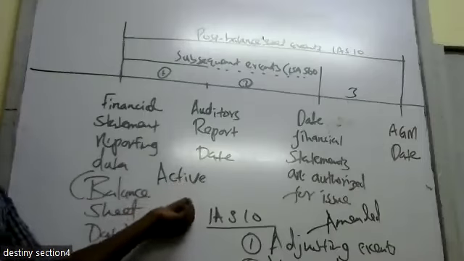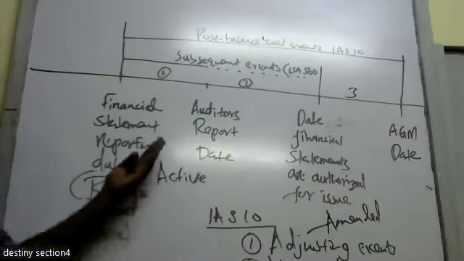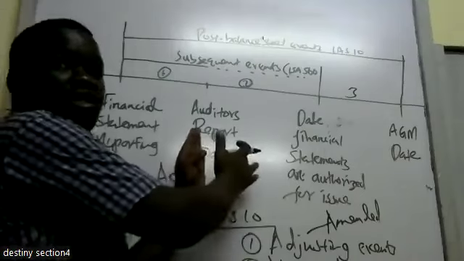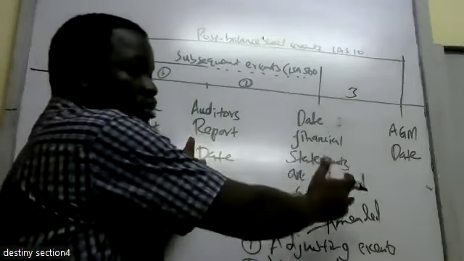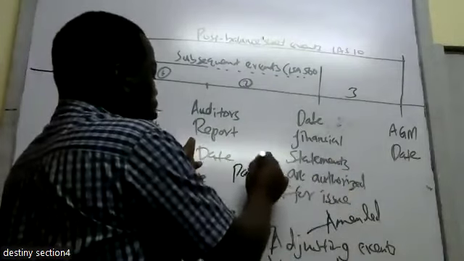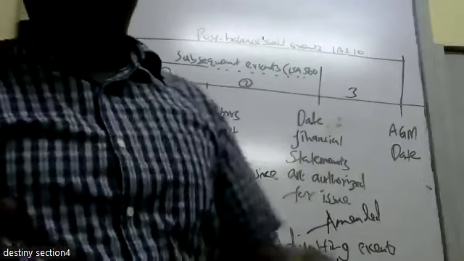Between the auditor's reporting date and the date the financial statements were issued, the auditor has what we call a passive duty. He has no responsibility of identifying subsequent events.